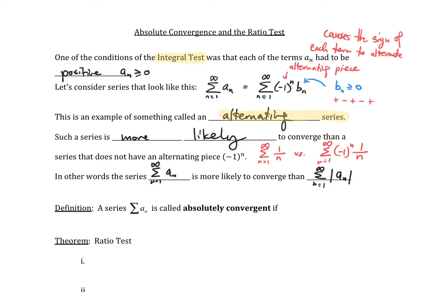Because the series on the left could be alternating, which increases the chances that it converges, whereas if I took the absolute value of the inside, that would remove the alternating piece, so your series might not converge.